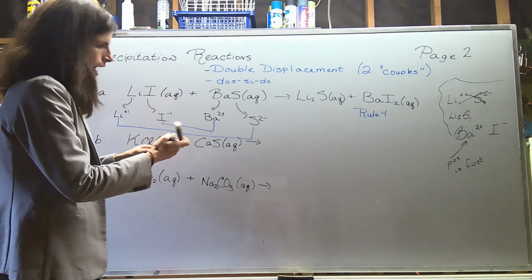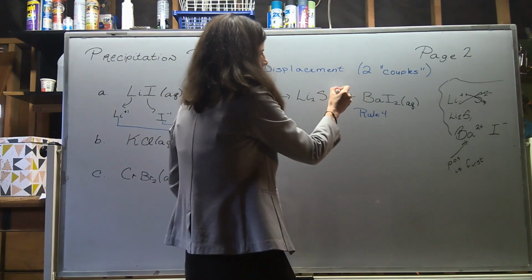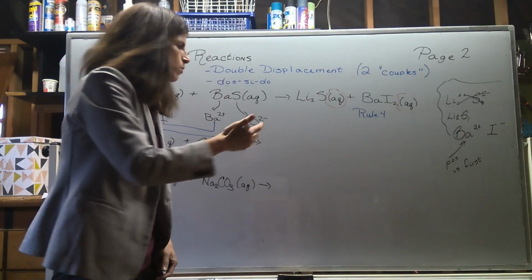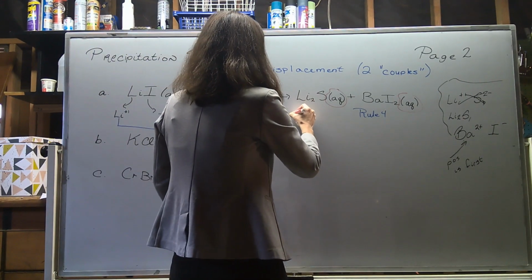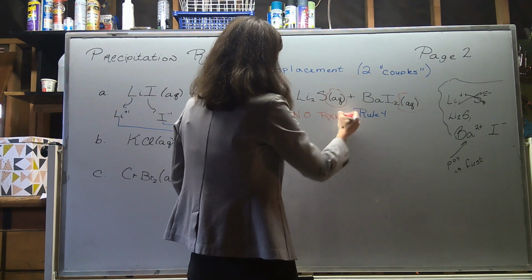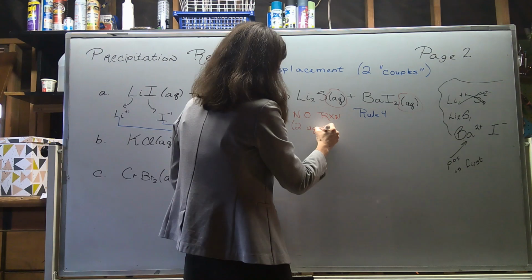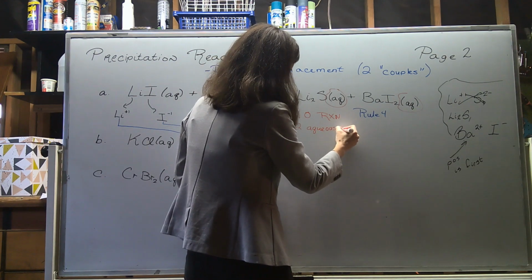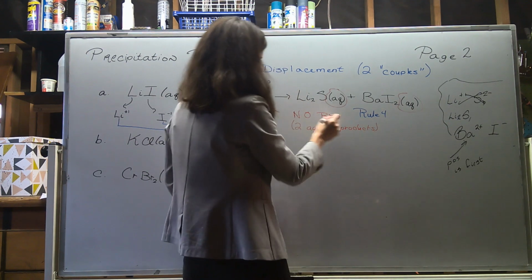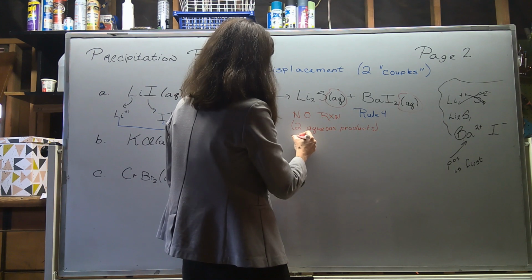So when you have, let me do it in a different color, when you have two aqueous products, you figure that out, you're done with your problem. All you have to do is write no reaction. And the good news is if it's no reaction, you don't have to balance it.